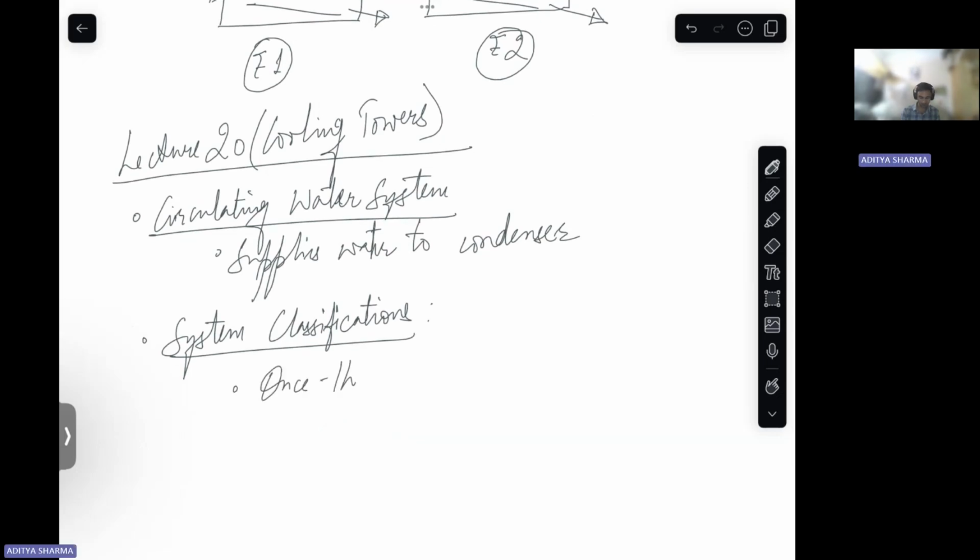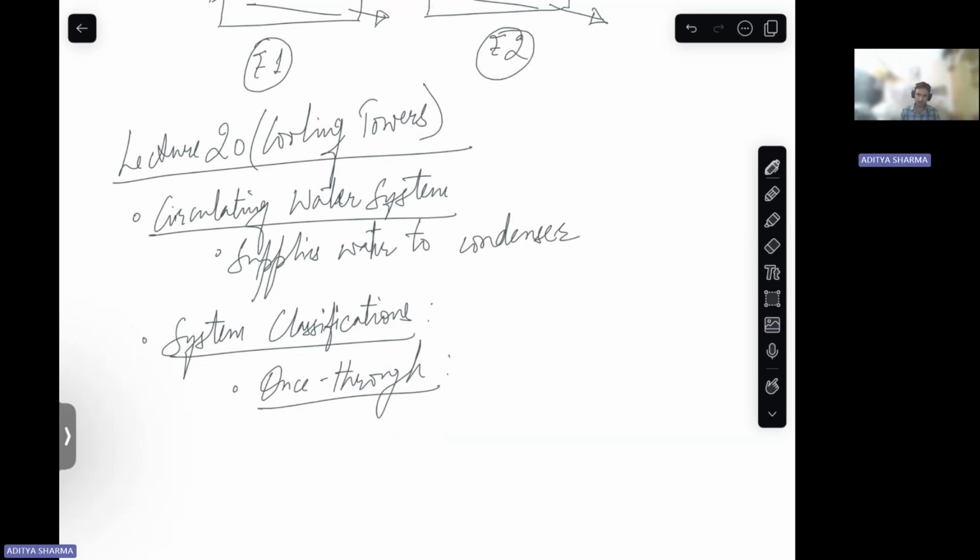First is your once through. So once through is that type of circulating system where we take your cooling water from some natural body, like pond, lake, or some other water body, and from there this water passes into the condenser, right?